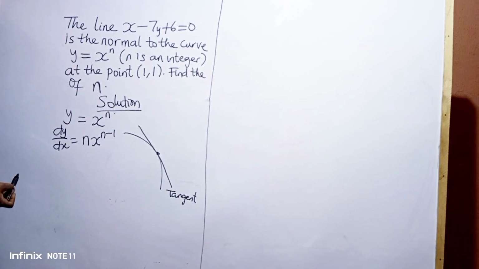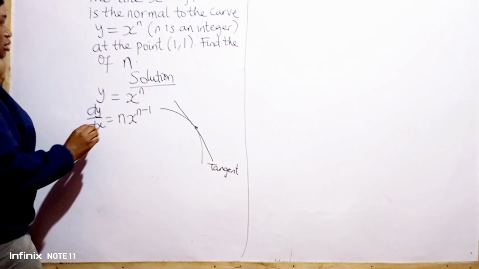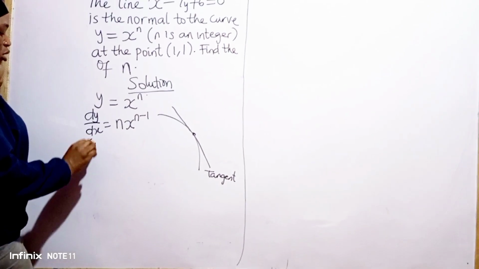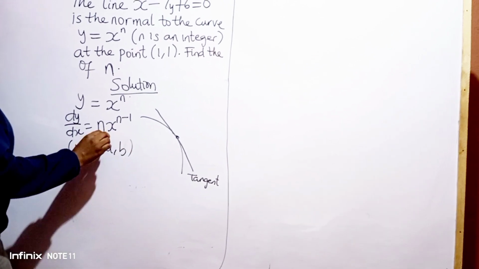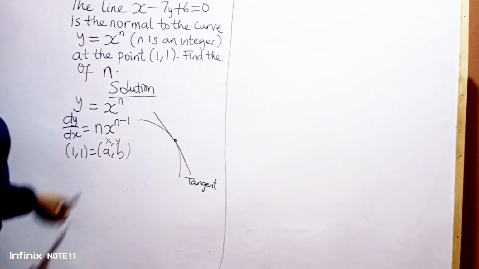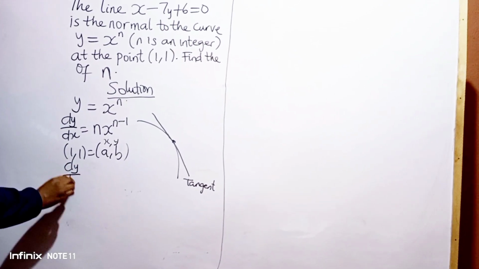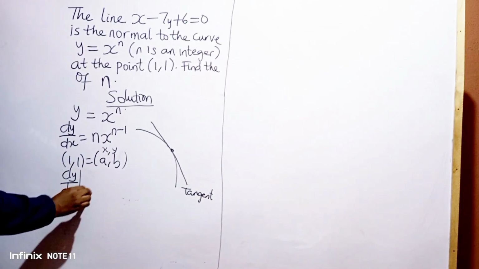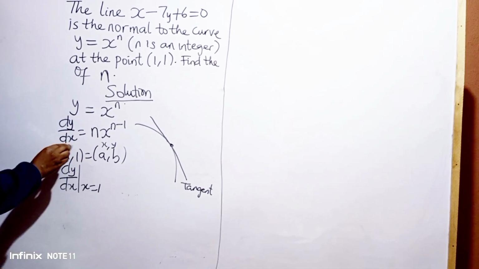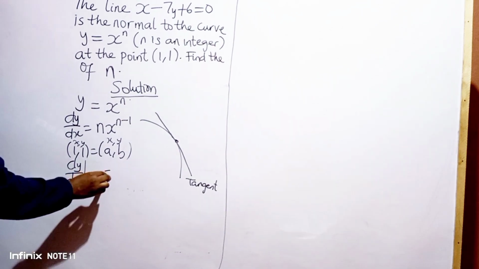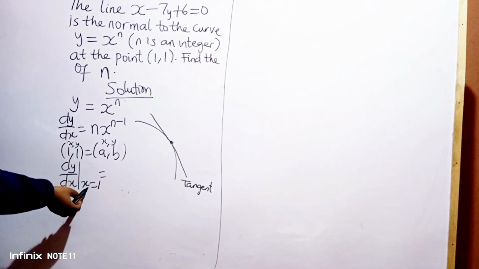So from here we are given the point 1, 1. It means that the point 1, 1 is the same thing as a, b, or x, y. Now at x equals 1, anywhere I see x in the dy/dx, I'm going to put 1 there.